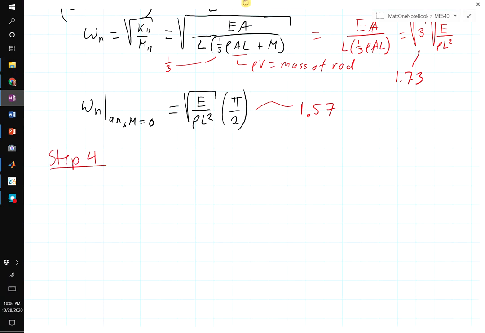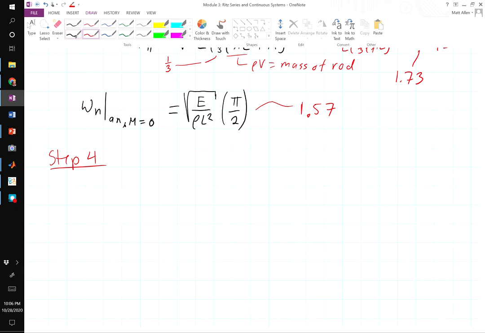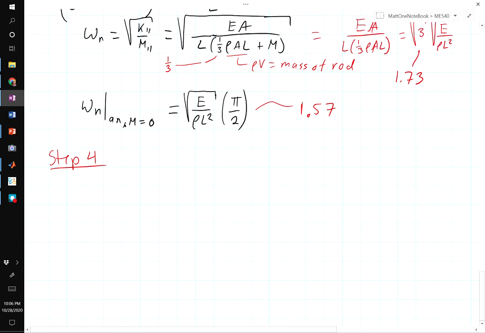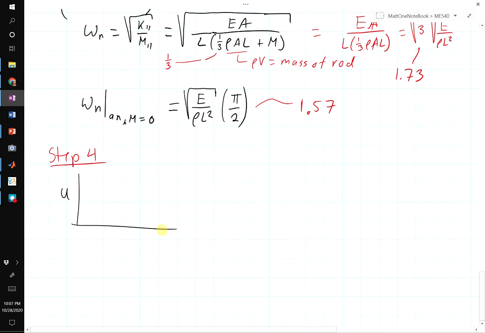Say we've got this answer now and we want to know what's the physical displacement. Well, if we plot u versus x, we're using a basis function that's x over L. So when x is equal to L, the basis function will be equal to 1, right? So this is our psi of x.